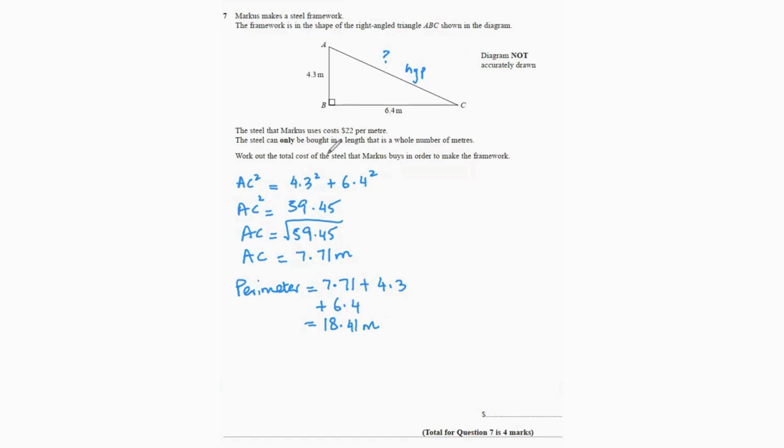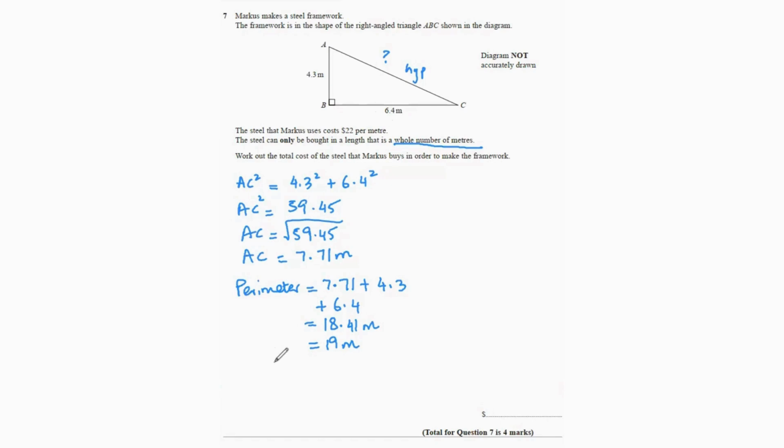They said that he can only buy the length in whole numbers of meters. So we will round this to 19 meters. We're not going to round this to 18 meters because 18 meters would be less. We cannot make the frame out of 18 meters. We need 18.4. So to make sure the frame is being made, we round it up and get 19 meters.